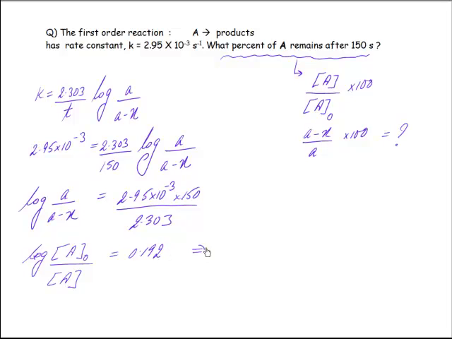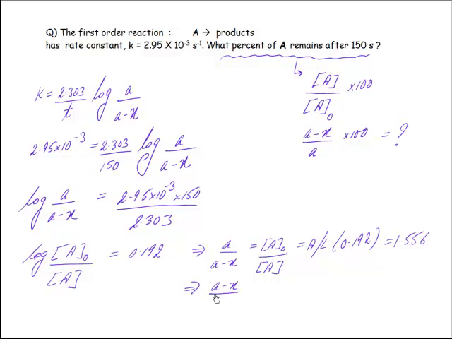So therefore, to find out A upon A minus X or A0 upon A, we can take the anti-log of 0.192, and that is 1.556.